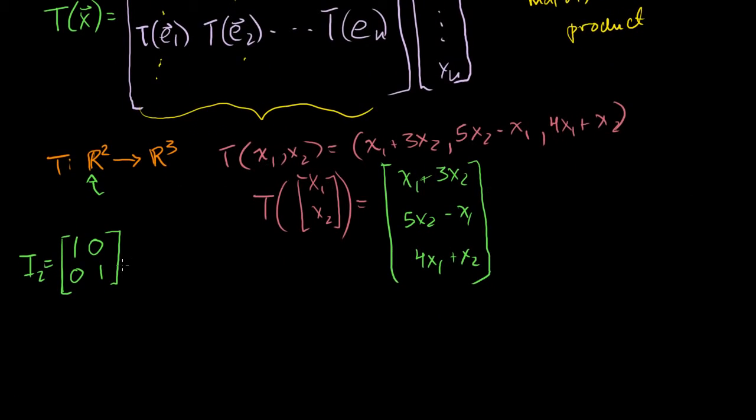But anyway, back to our attempt to represent this transformation as a matrix vector product. So we say, look, our domain is in R2. So let's start with I2, or we could call it our 2 by 2 identity matrix. And let's apply the transformation to each of its column vectors, where each of its column vectors is a vector in the standard basis for R2.